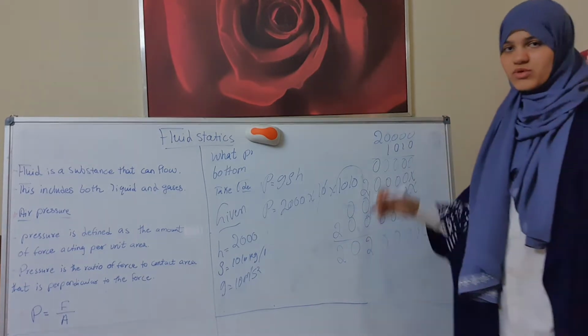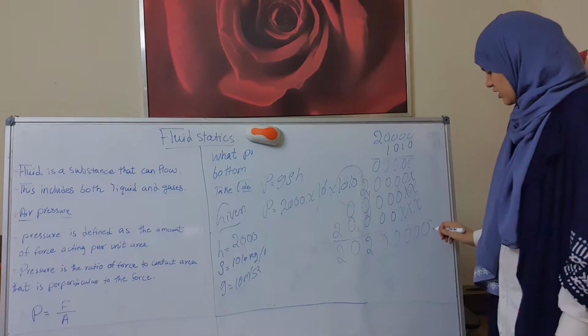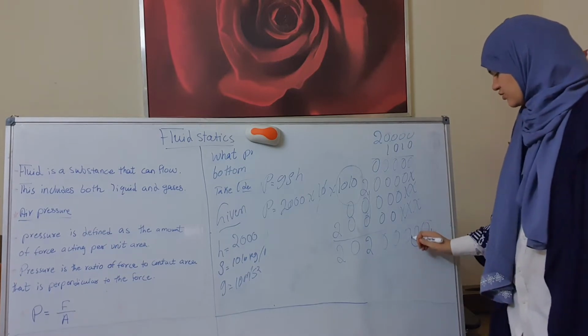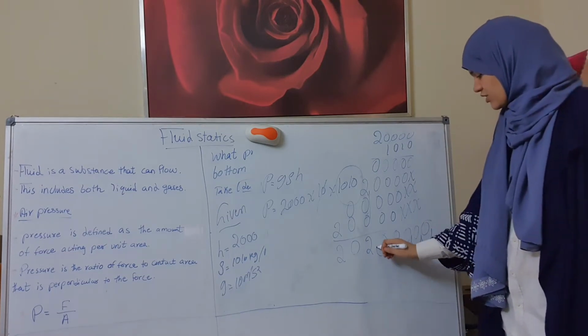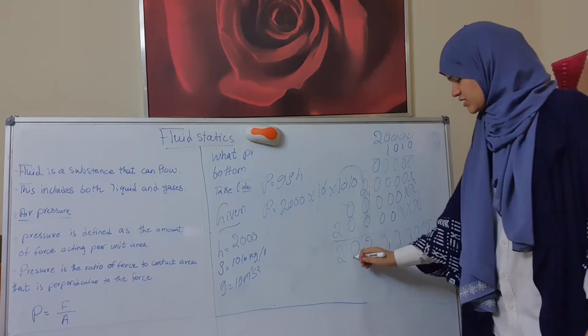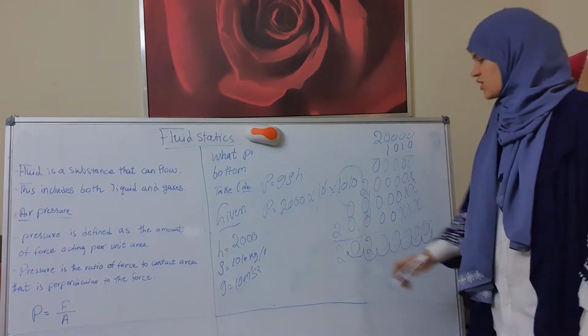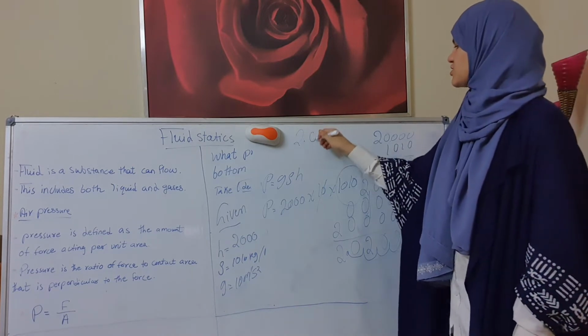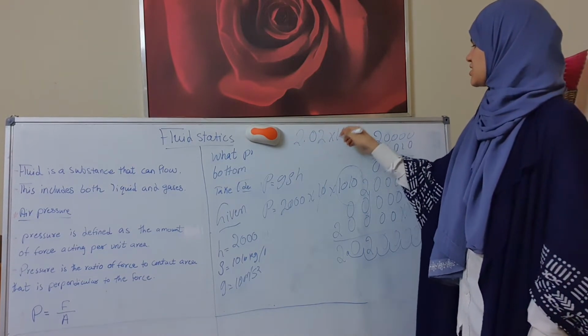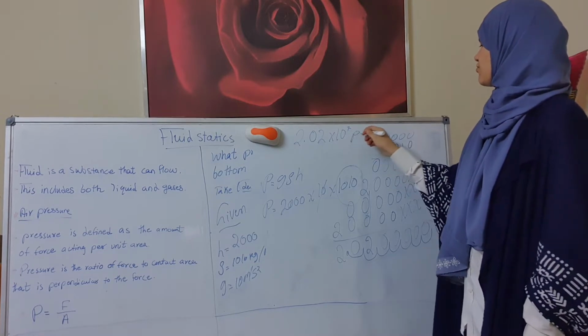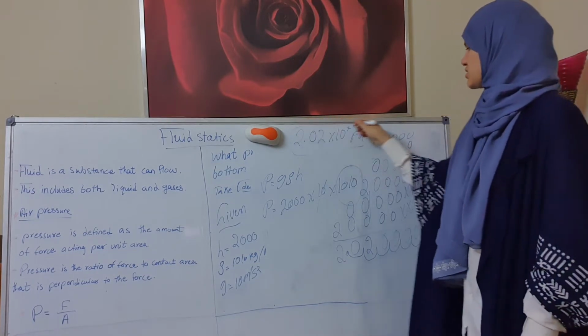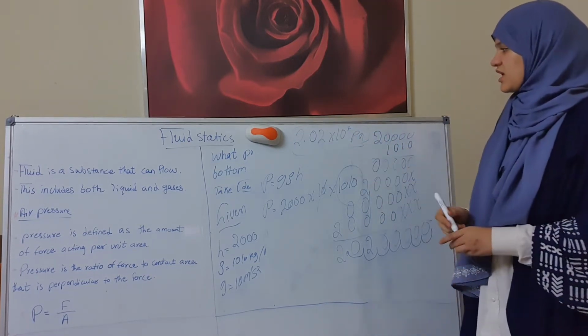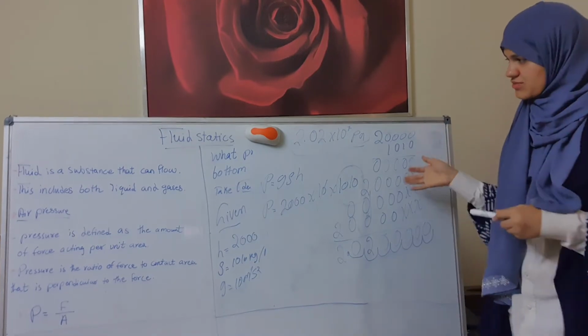Now we will move the decimal point 7 places. So the answer at the last is 2.02 times 10 to the power of 7 Pascal. This is the final answer for this question.